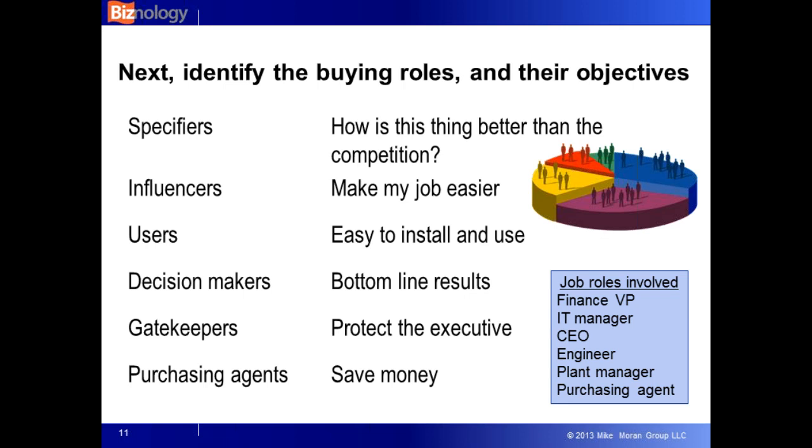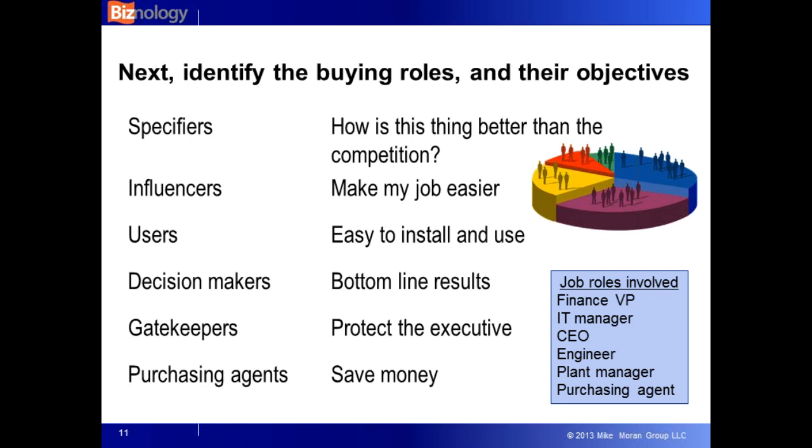These can then be converted to the more useful, possibly more actionable context of their job titles as listed in the box in the lower right. But my point here is that you want to add a bit of complexity to your analysis of the customer's buying stages by expanding it to include the concept of the individual buying role within the target account.